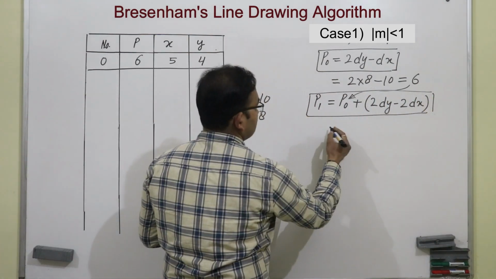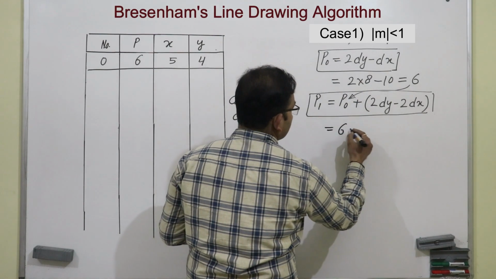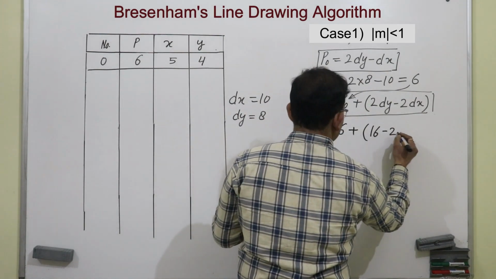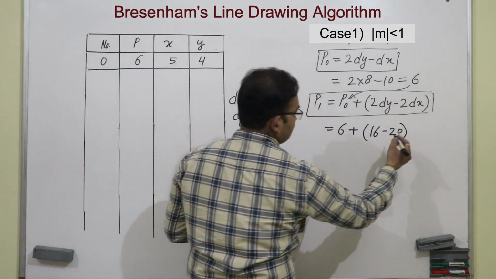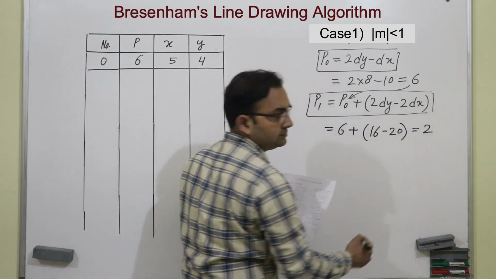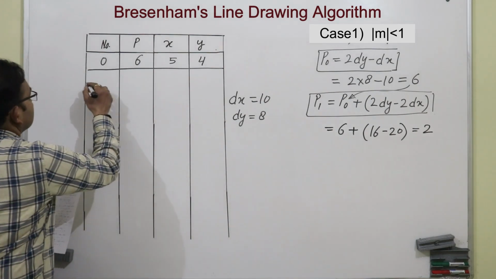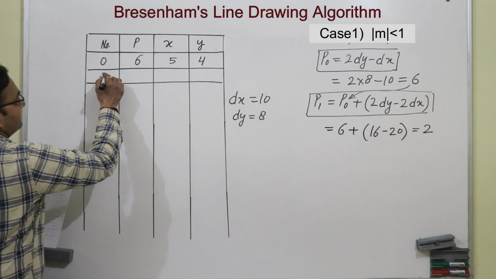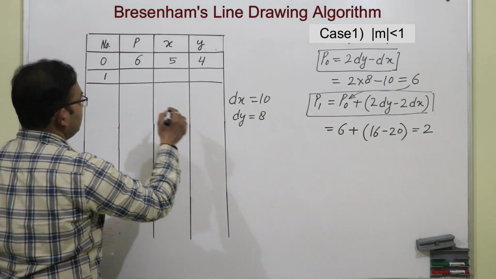P0 is 6 plus 16 minus 20, equal to 2. So we will write here, for 1, the P1 value is 2.